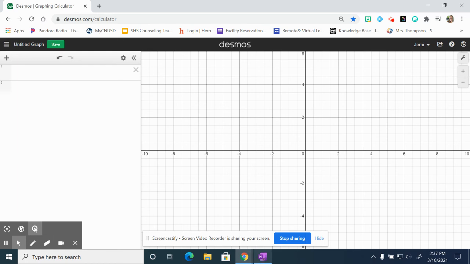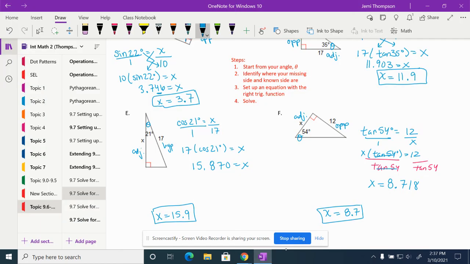All right, coming back over to the notebook, here are the solutions for E and F. For E, I identified that I had the adjacent leg and the hypotenuse, which means I needed to use cosine. When I set up my proportion, I have x on the top of the fraction, which meant when I crisscross multiplied, I just had to multiply the 17 and the cosine of 21, rounded to 15.9.